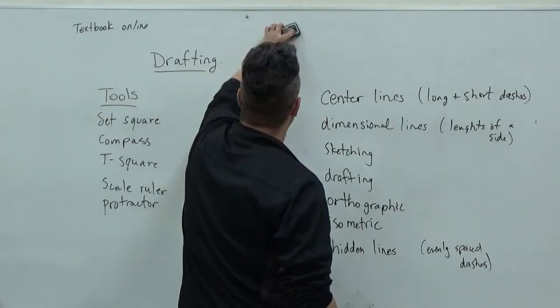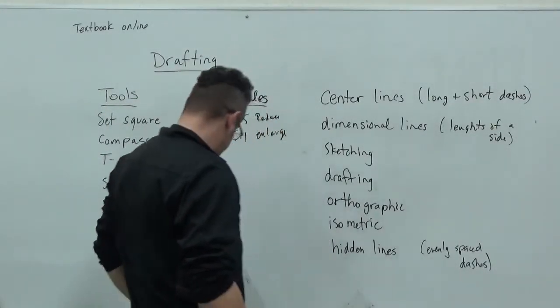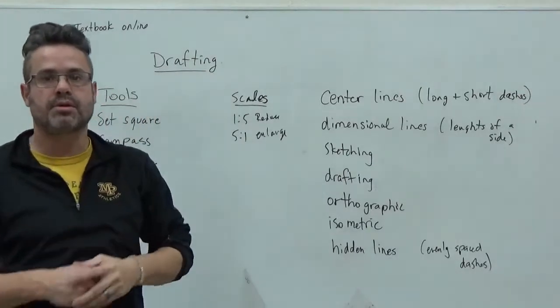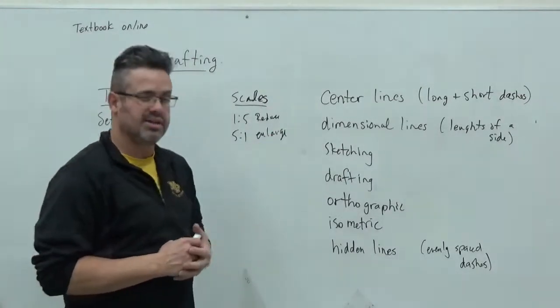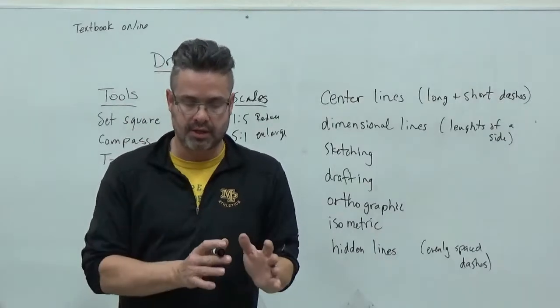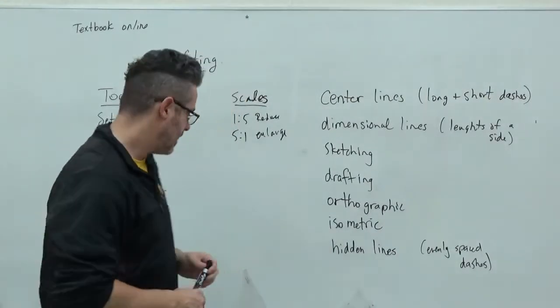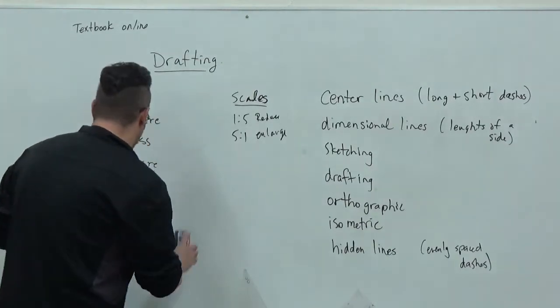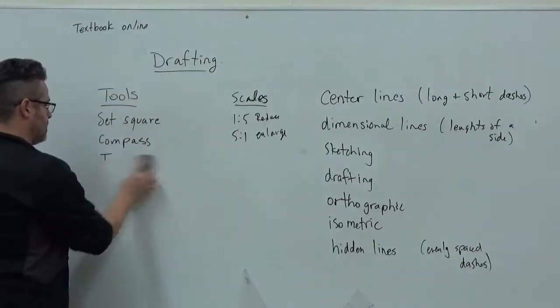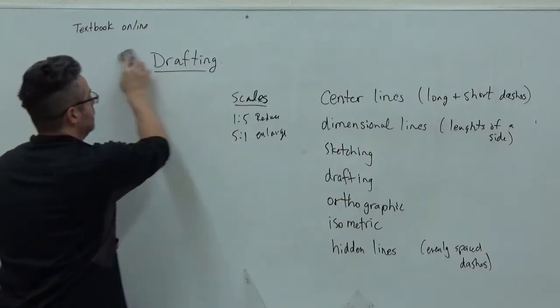I will challenge you to find some of these in the textbook. There are always examples in there. Center lines. So what are center lines? Center lines show you the center of an object. That's important within the drafting world, within sketching and architecture and engineering.